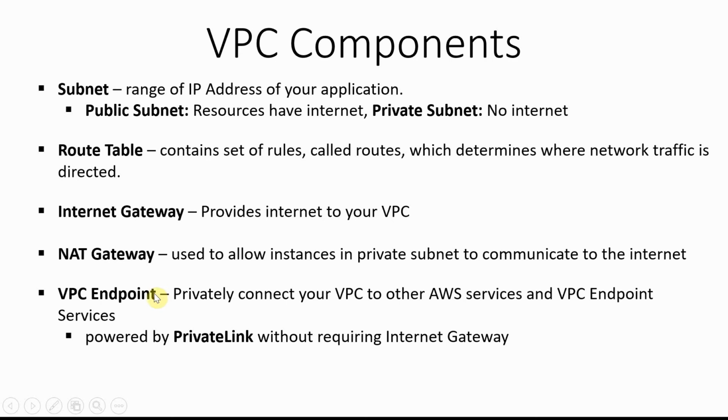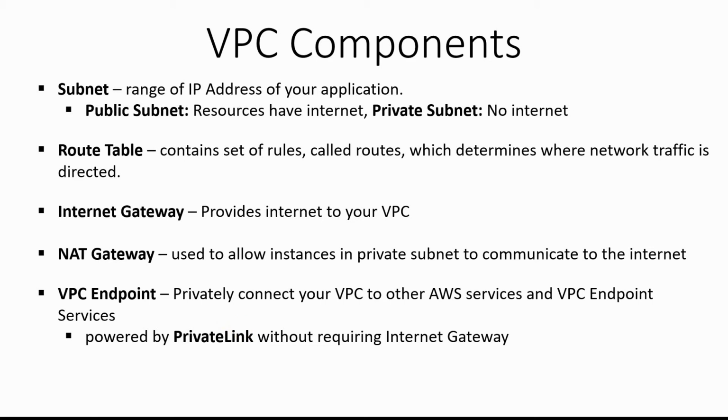I think this is the latest entry in the AWS products, which is almost replacing the NAT gateway in a sense. A very important thing is that it uses PrivateLink. This is a feature introduced recently by AWS, where they want everything to be connected without internet.